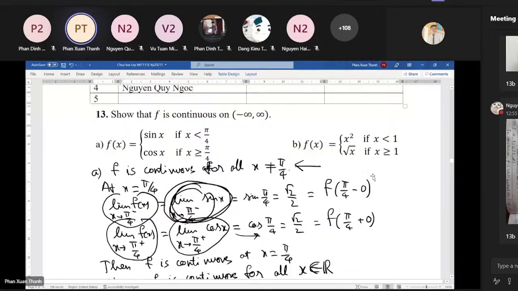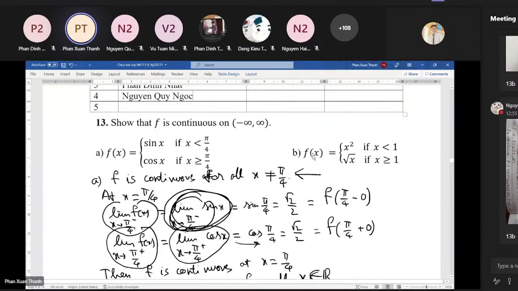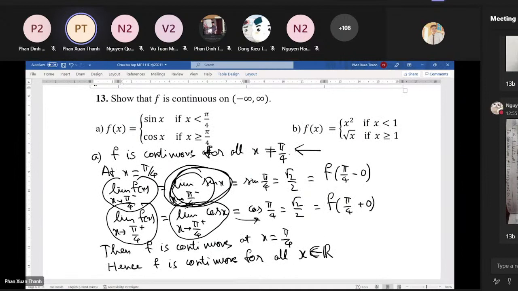We can do similar for exercise B. Okay, we can prove it for exercise B. Now let's come back to the exercise sheets.